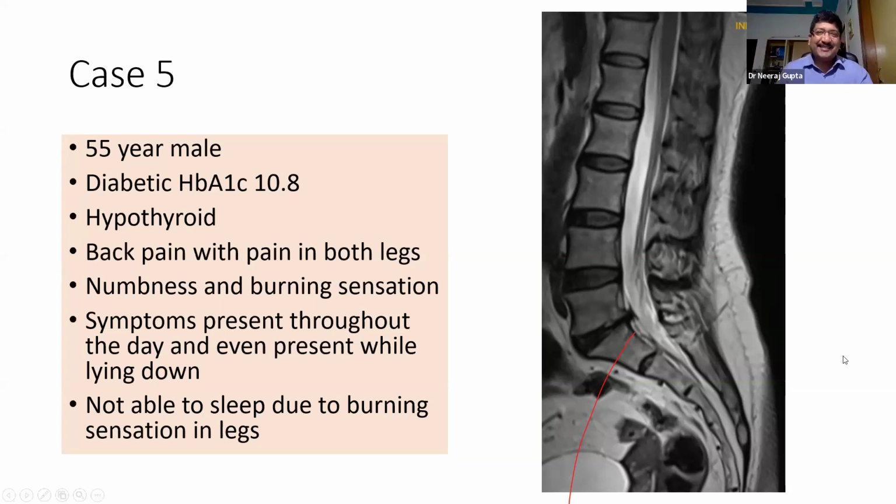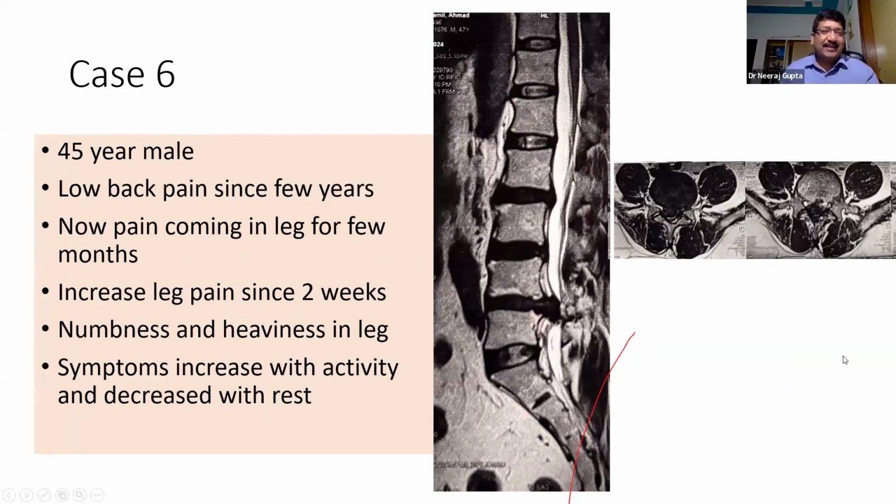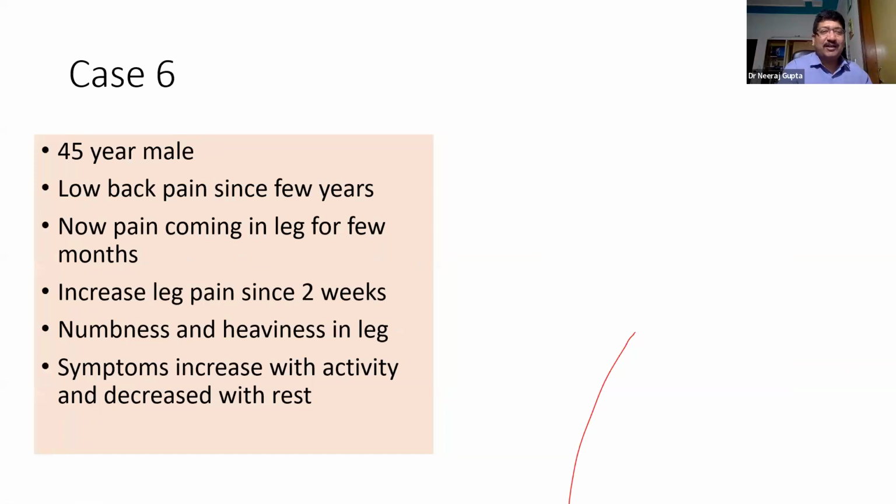Whenever I see such a scenario in which the patient says I am having a burning sensation in both legs and the pain is not subsiding with rest, and the HbA1c is 10.8, and the MRI doesn't show any significant compression, and even if the MRI showed significant compression, my first step is to refer to a neurologist for an expert opinion.